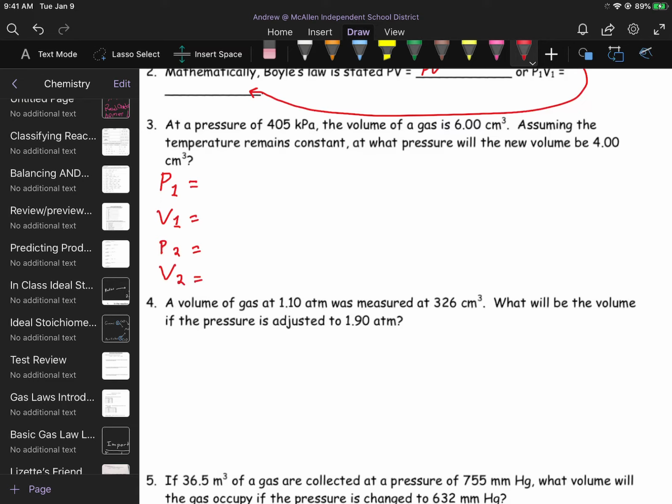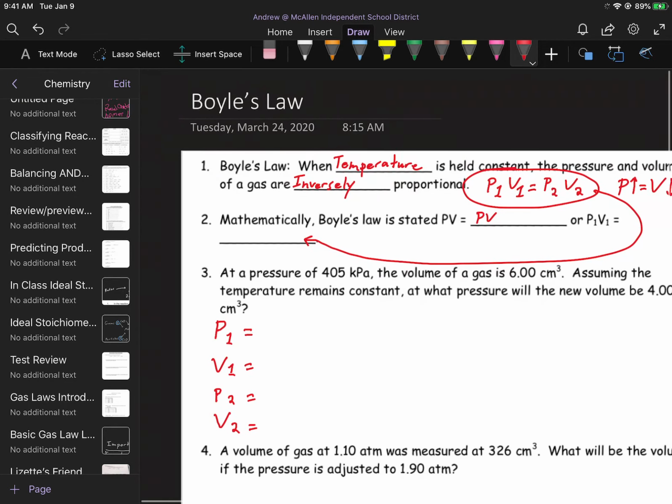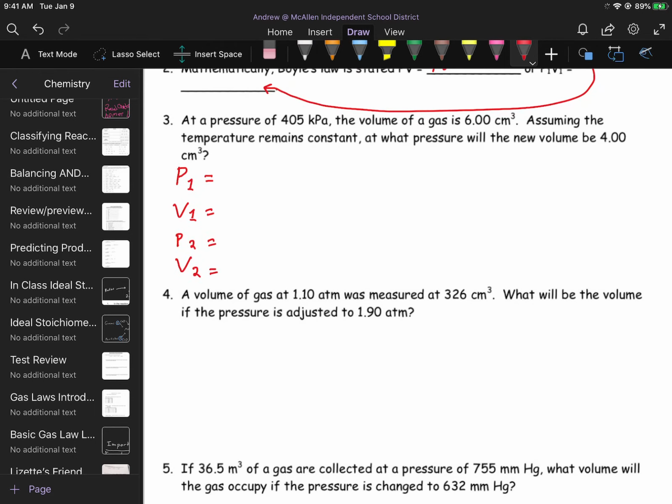Now, if we look at this, how would we know that it's Boyle's law? Other than the fact that I told you that we're doing Boyle's law. Well, if you look at your problem, you have a pressure, a volume. You're looking for a new pressure, and I gave you a new volume.